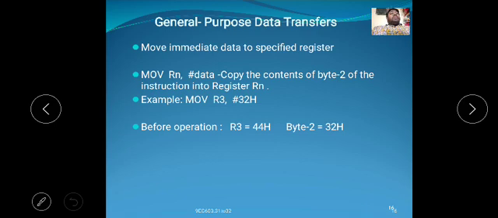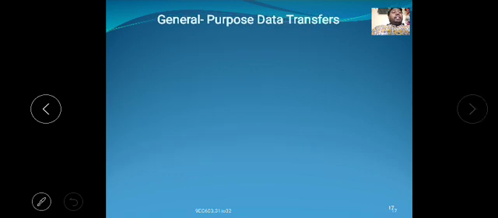Copy the contents of byte 2 of the instruction into the register Rn. Example, MOV R3, #32H. Before operation, R3 is equal to 44H and byte 2 is equal to 32H. After operation, R3 is equal to 32 and byte 2 is equal to 32H.